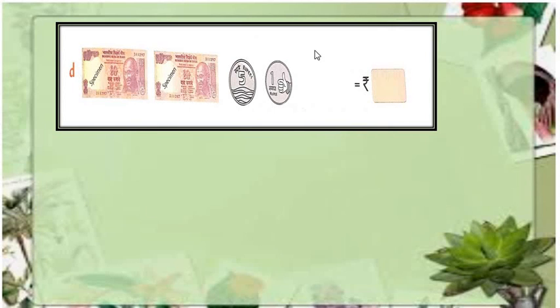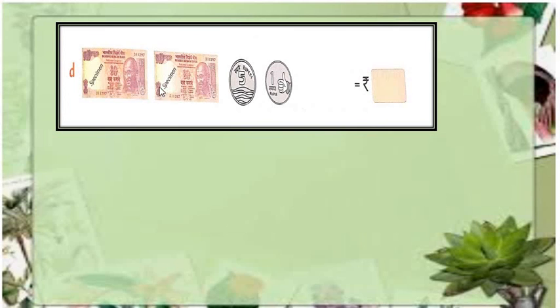So how will you write this in your notebook? Make a rectangle and write the number value of given money, which is 10 rupees. Make 2 rectangles and 2 small squares and write the numerical value of given coins.